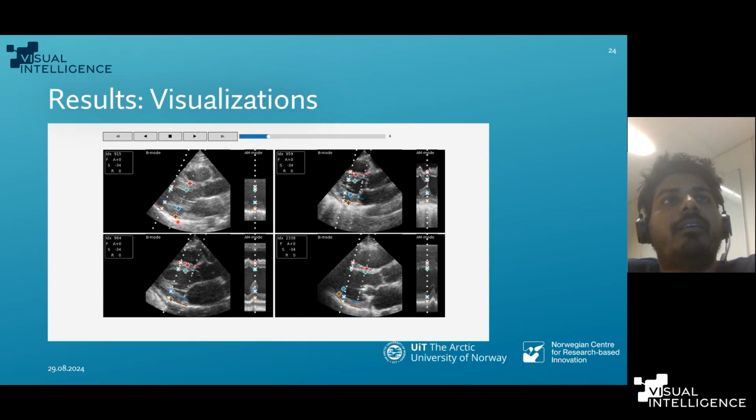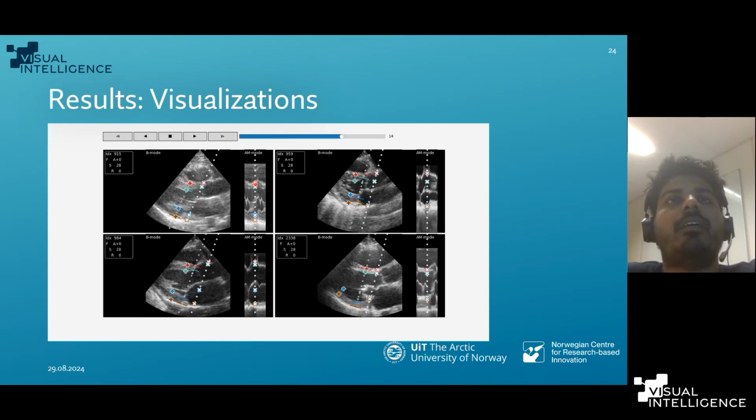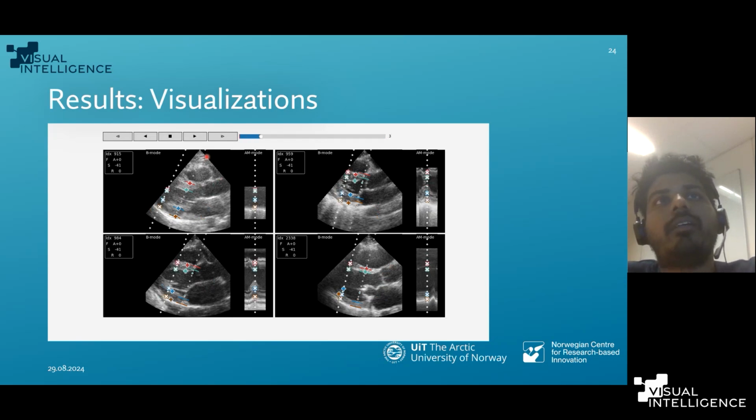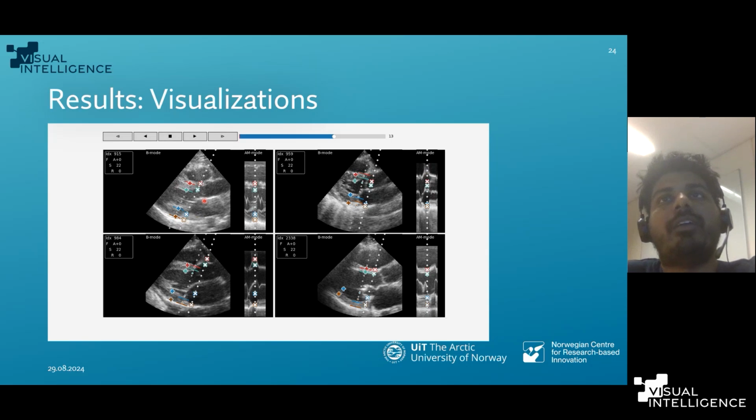Here the scan line is getting shifted, and based on different positions of the scan line we get different AMM images. We see that if we shift the scan line not too much from the correct position, then the neural network manages to assign four coordinates across the boundaries of the left ventricle.